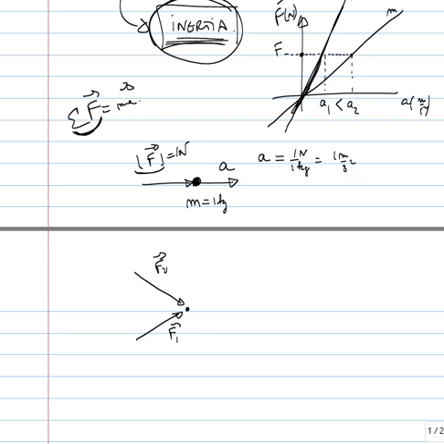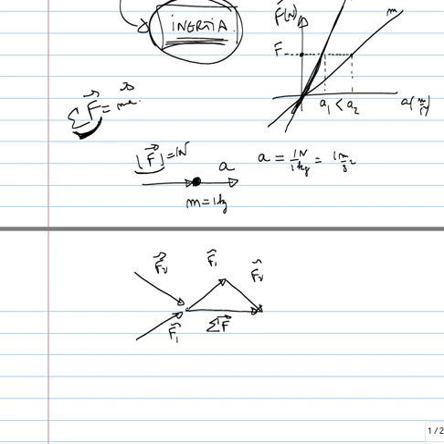So if I rewrite F1 from here, and I move this vector F2 like this, then this would be my vector sum, or my resultant vector, which is nothing else than the sum of F1 plus F2, which is my left hand side. This will give me the direction of the acceleration of that particle.